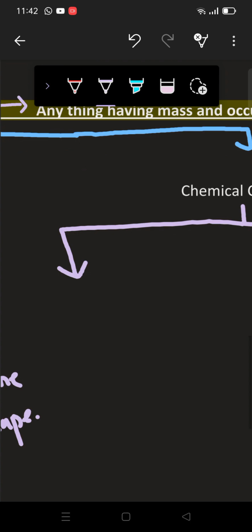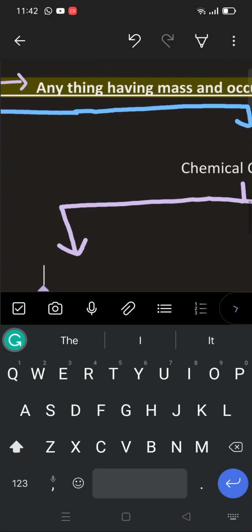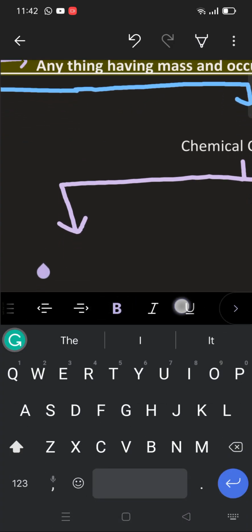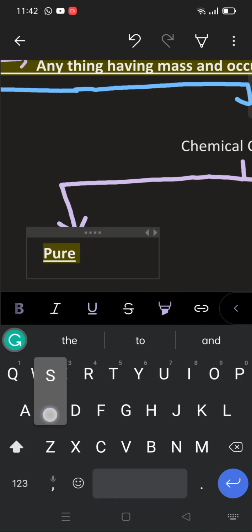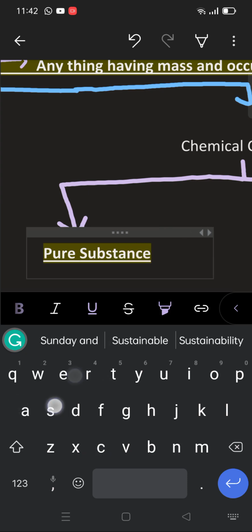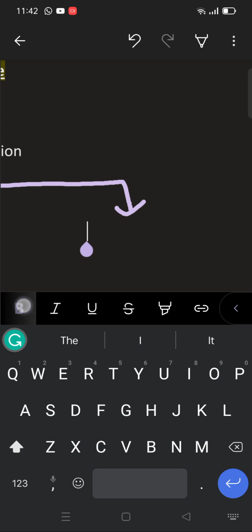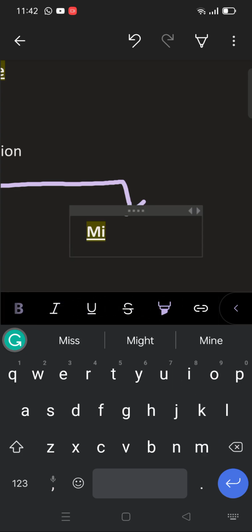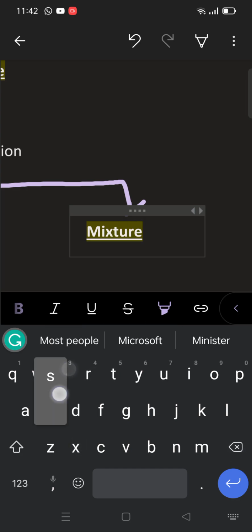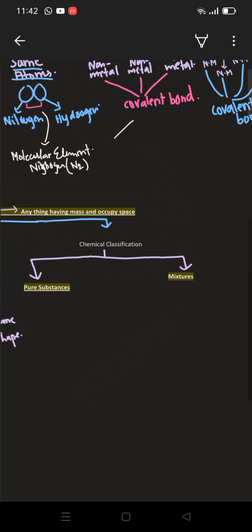The first one is pure substances, and here we will have mixtures. So on its basis, we have 2 categories: pure substances and mixtures.